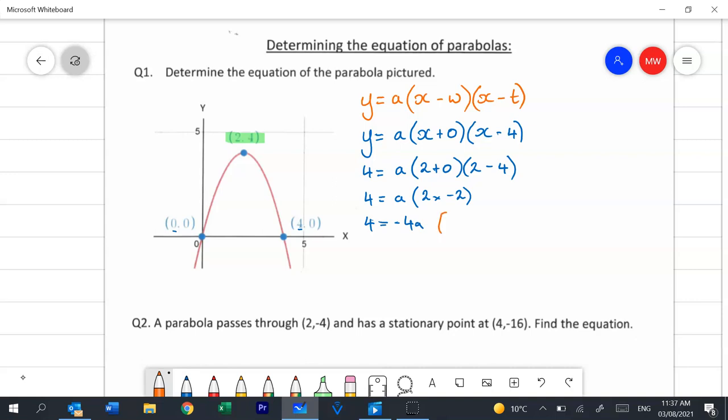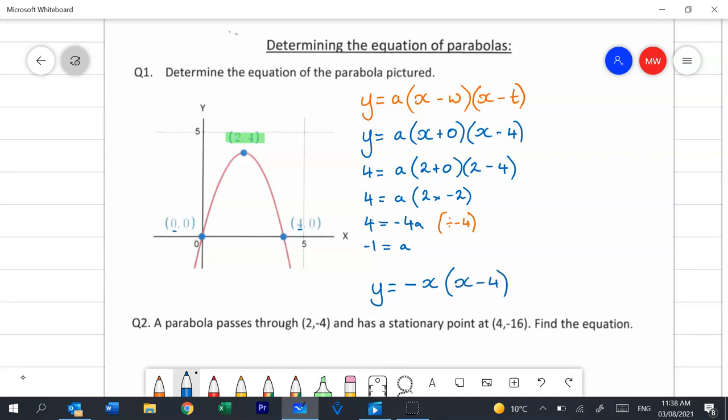Using the balance method, if I divide by negative 4 on both sides, I will find that a is minus 1. And so now when I go to write out my equation, what I've got is y equals minus 1 multiplied by x, outside of x minus 4.